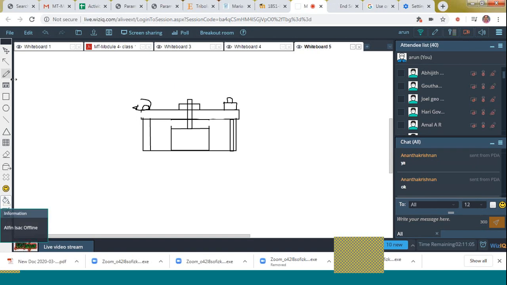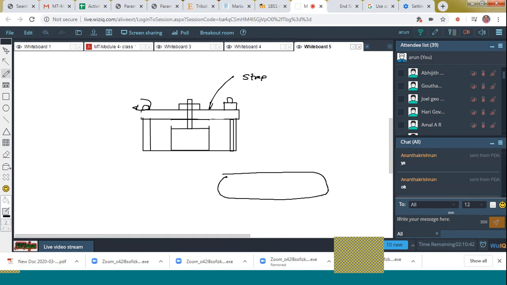And you can see that there is no difference when compared to the bridge clamp. What difference is there? The difference is mainly in this strap. This is the strap. If you check the top view of the strap, it will be like this. On one side, there will be a hole.